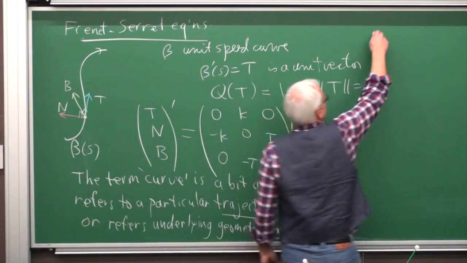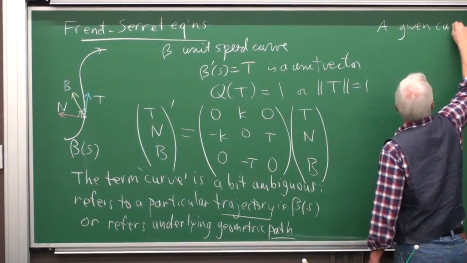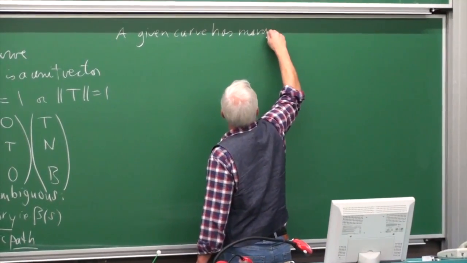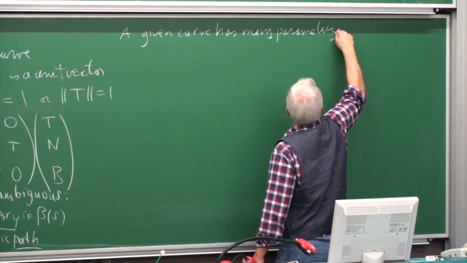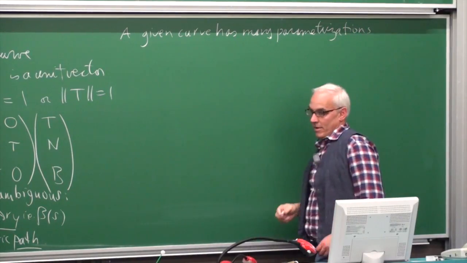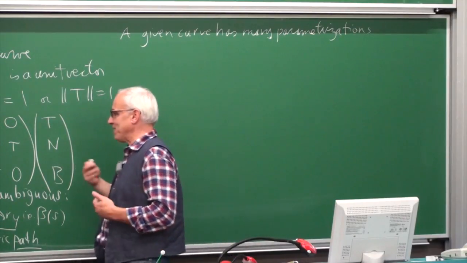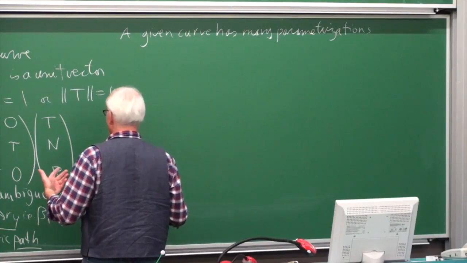So we might usually say a given curve has many parameterizations. And the equations and the related physics really depend often a lot on which trajectory we're taking.